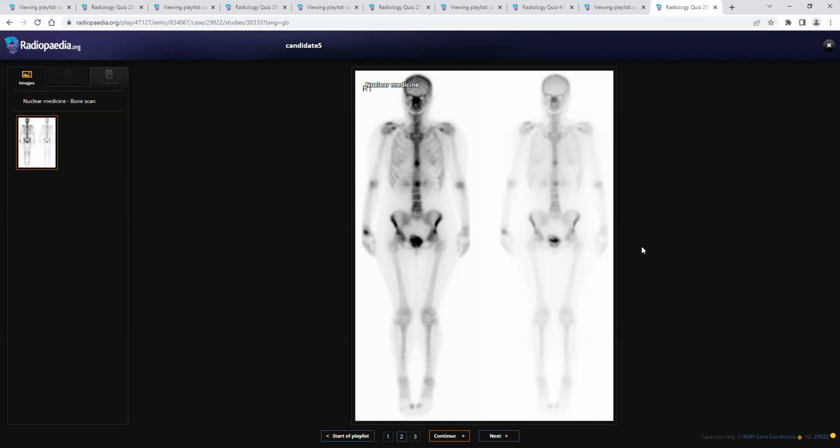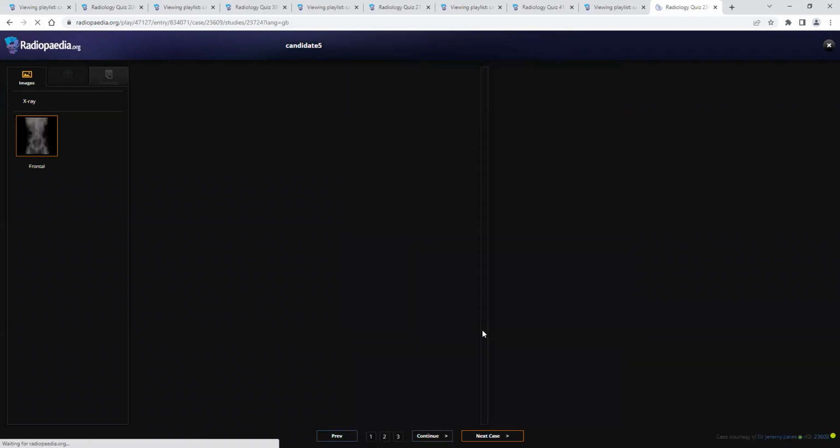In females, breast cancers are the most common to metastasize. Yes, she is a known case of breast cancer. So these are breast cancer mets throughout her spine, and I don't see any other focal lesions throughout her appendicular skeleton. Good.